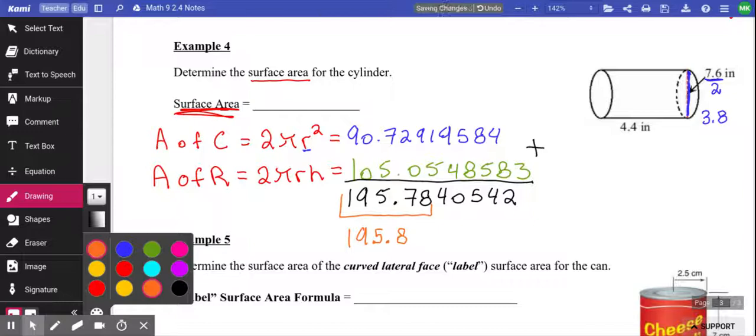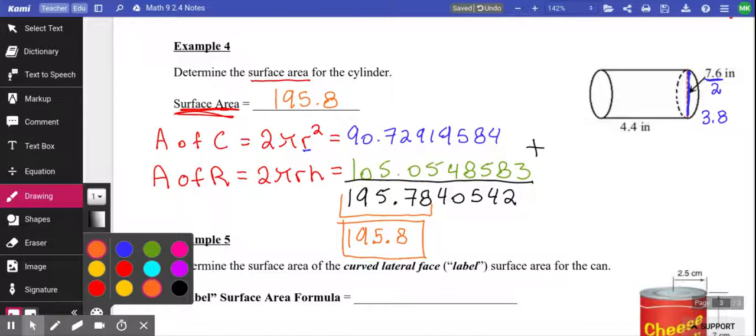If you had rounded before, you would have still got 195.8. Right? But you don't know if that's actually going to work out in your favor or not. So you need to make sure you carry all the digits and then round. My final answer was 195.8.